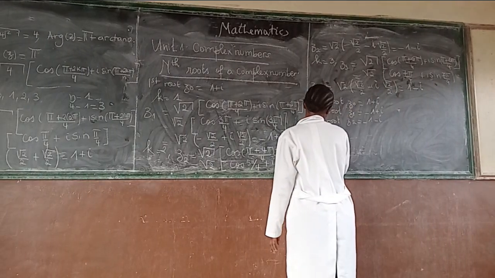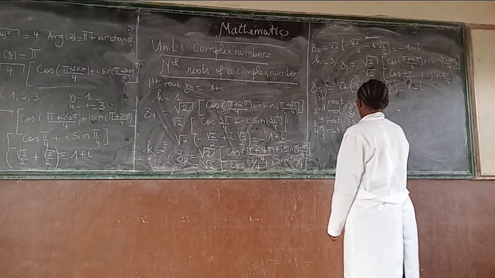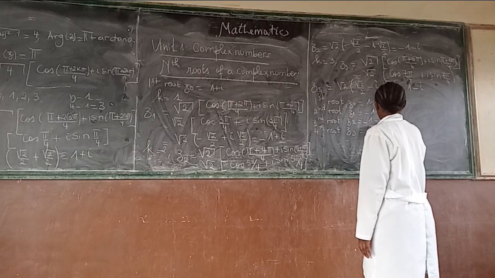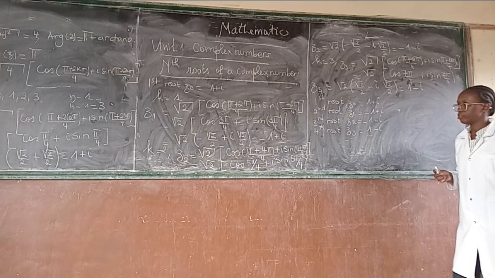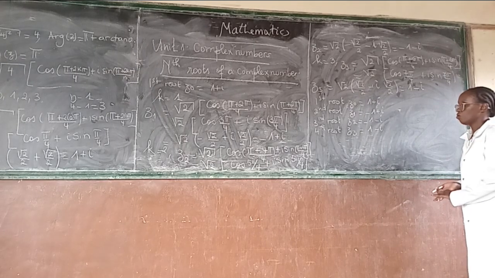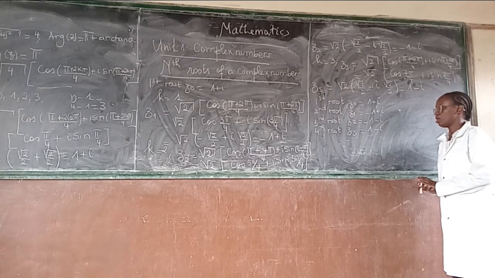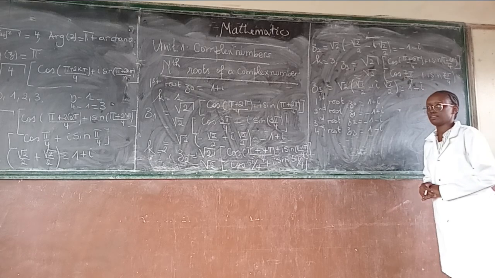While the fourth root, when k is equal to 3, we get 1, negative i. So simply, this is how we can find the nth root of a complex number in a general way. Now we are going to see some special cases.